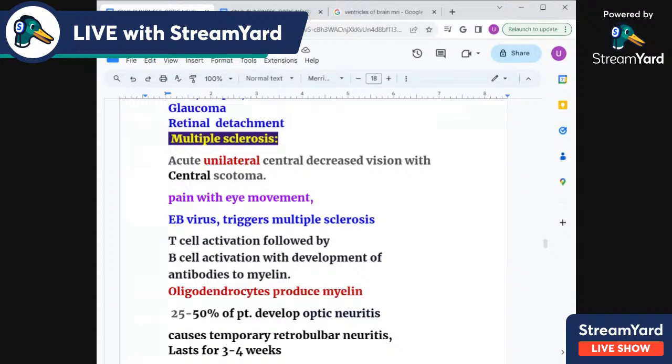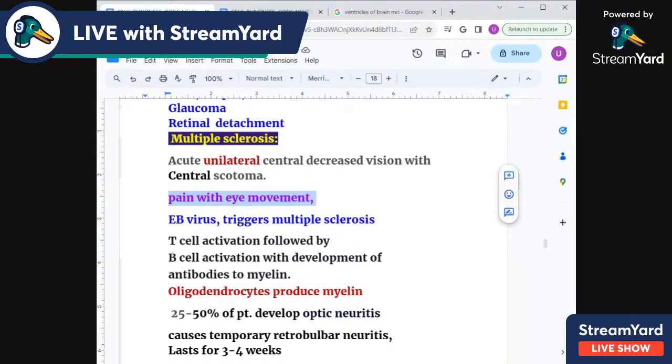So the attacks are waxing and waning. They attack different parts at different times. So healing also occurs. What causes the healing? It's the oligodendrocyte that causes the healing. The patient complains of pain with eye movement, and the neuritis is retrobulbar.